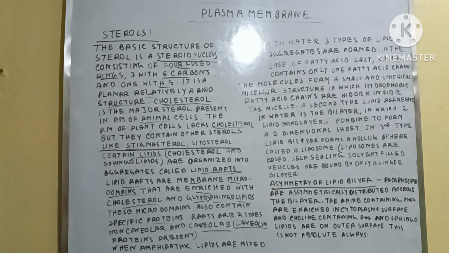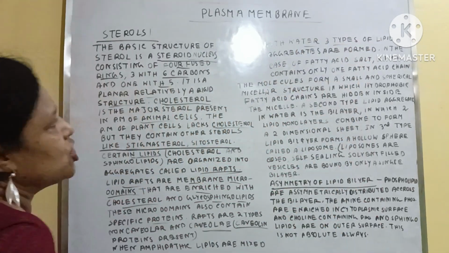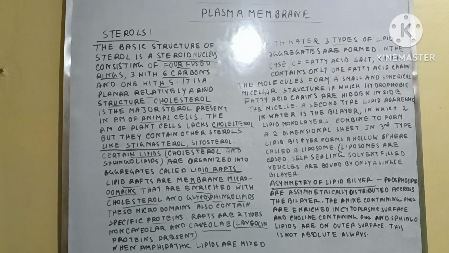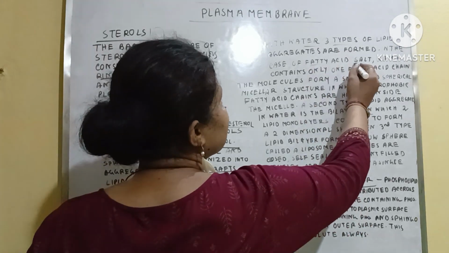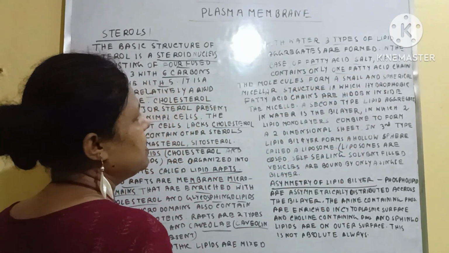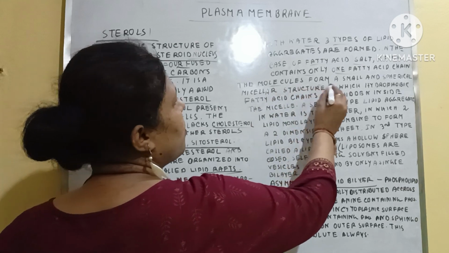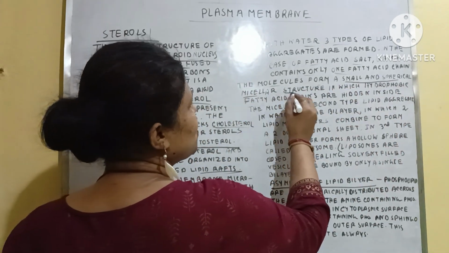Now another thing is that when amphipathic lipids are mixed with water, three types of aggregates are formed. In the first case, the fatty acid salt, which contains only one fatty acid chain, forms a small, spherical micellar structure.